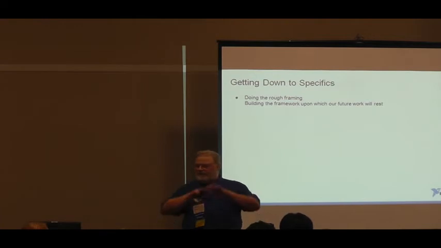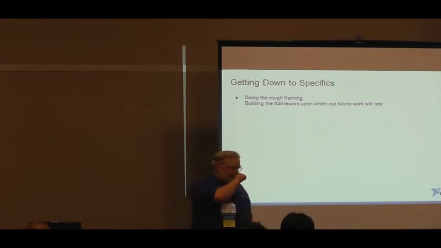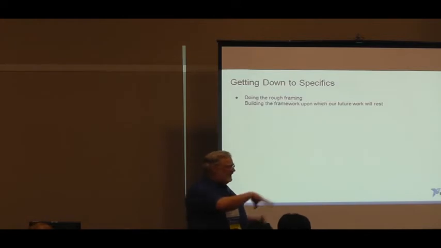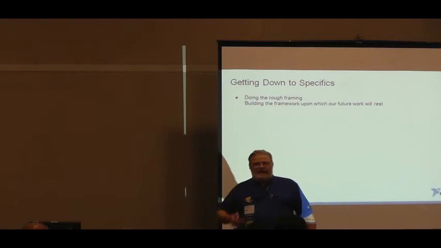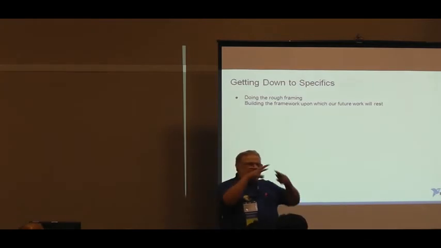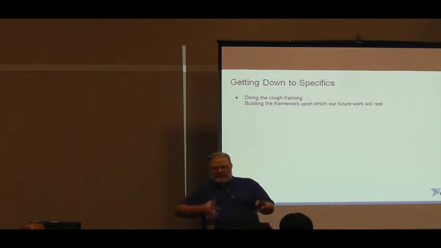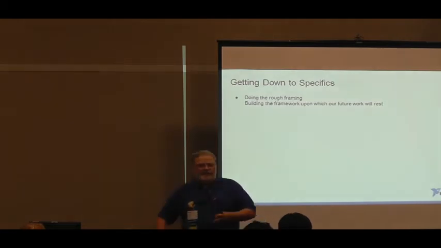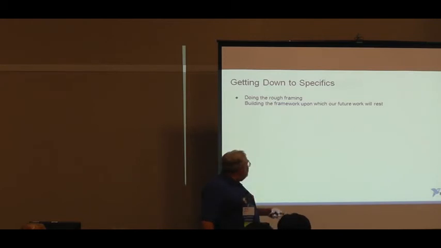That's where they put up the walls, and they probably put plywood on the outside just to close it in so the rain doesn't get in. So that's basically the raw structure that later people will come in and finish out. And so that's where we've got to start here, with our rough framing.